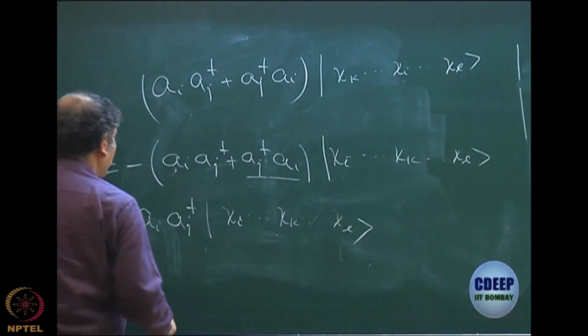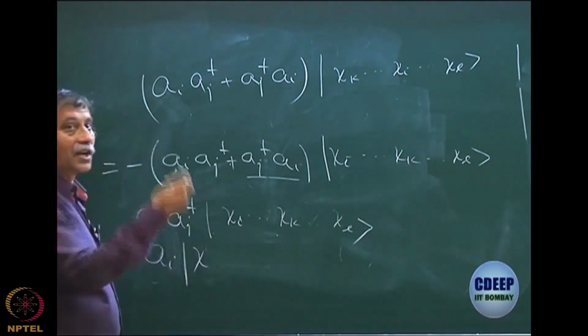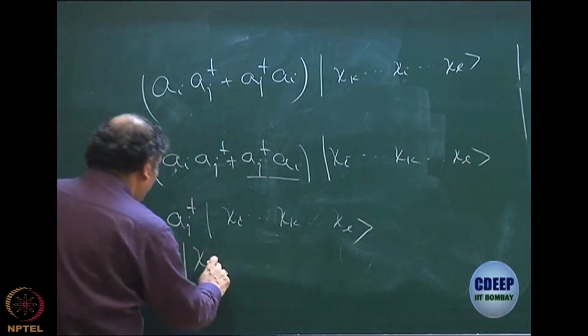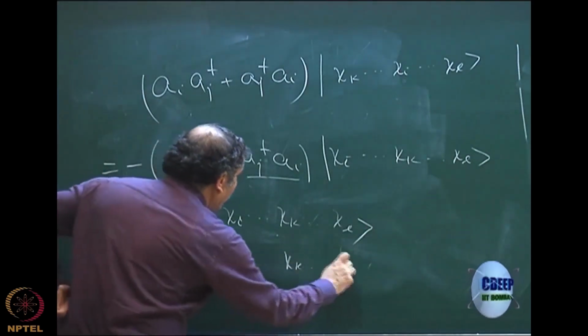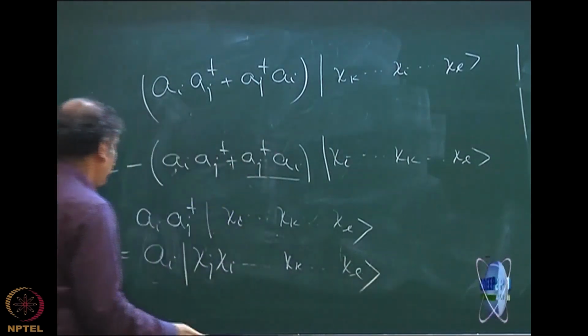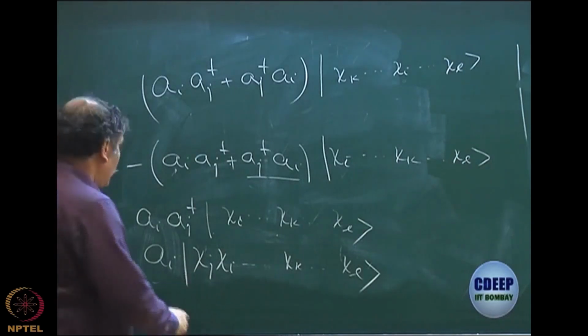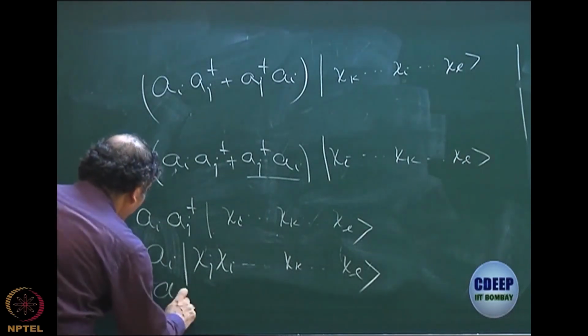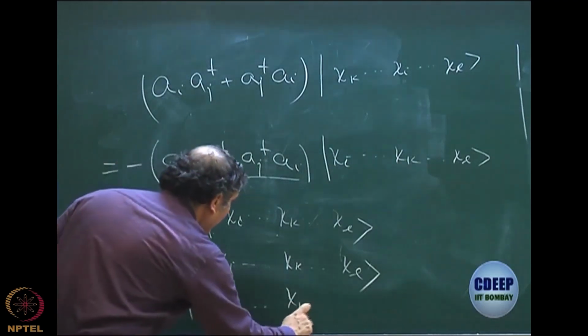What is the result of this? I first have AI, then I have one electron extra now, because I am allowing AJ dagger to act. So, chi j, chi I, chi k, chi l, correct. Then I interchange. So, I make it minus of AI, then chi I, chi j, chi k, chi l.